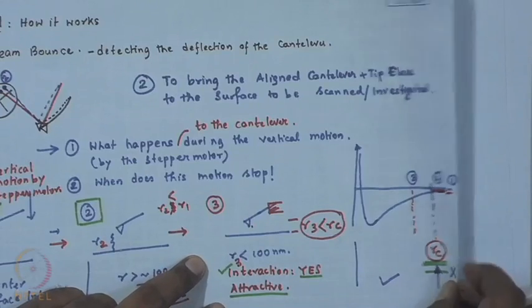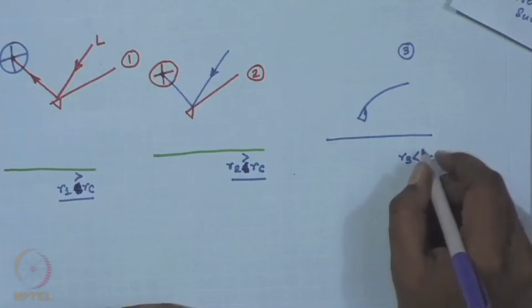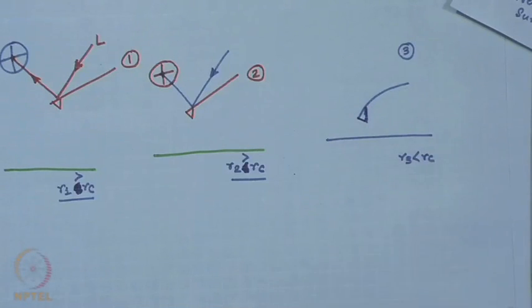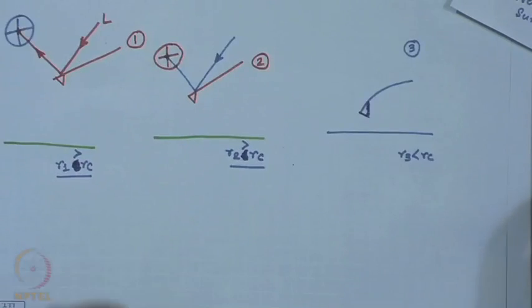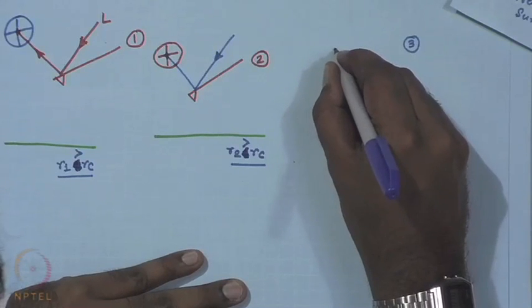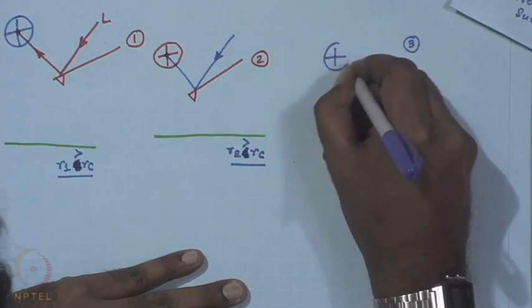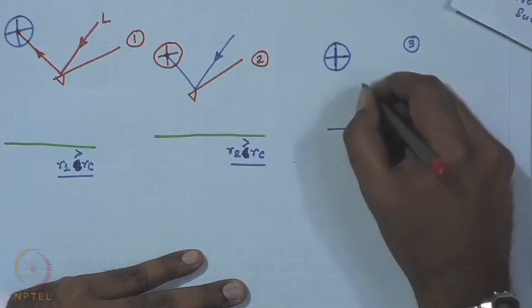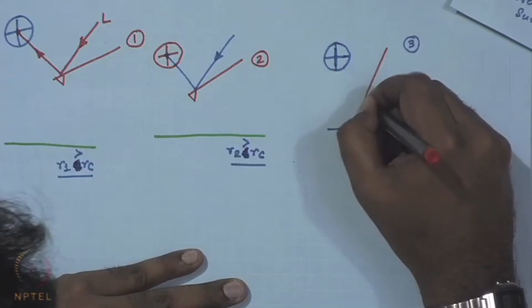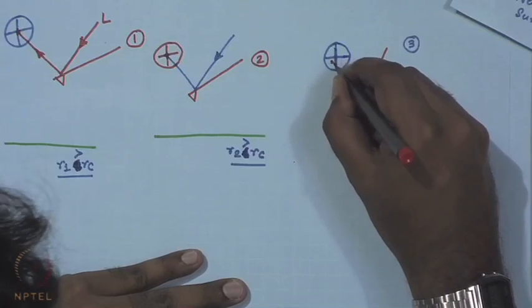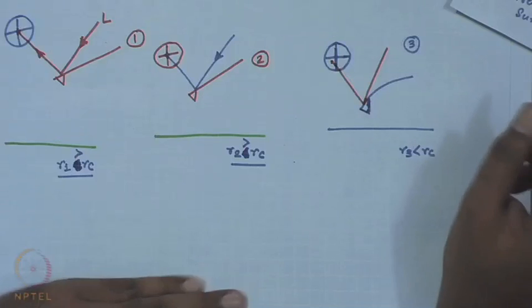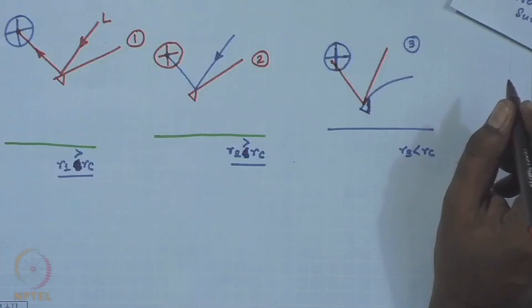Okay. So, R3 now is less than RC, and we already understand that because of the attractive interaction the cantilever now bends like this. And simultaneously, since there is a deflection on the cantilever, the laser light no longer falls on the center, but it sort of shifts, and this is exactly how a deflection is spotted.